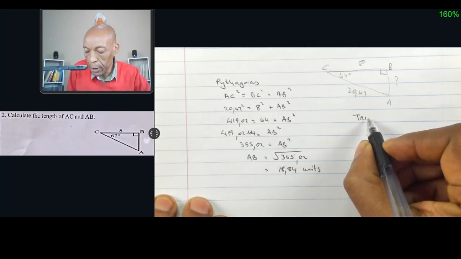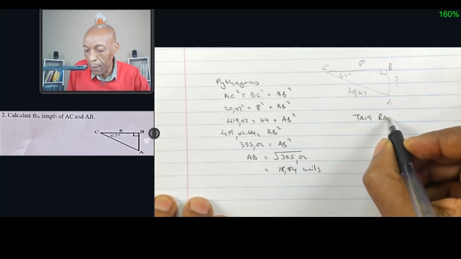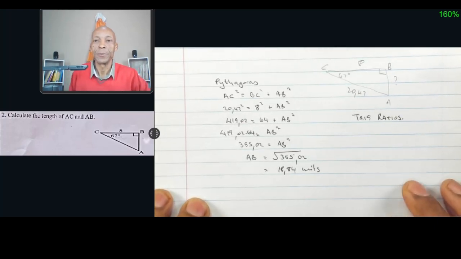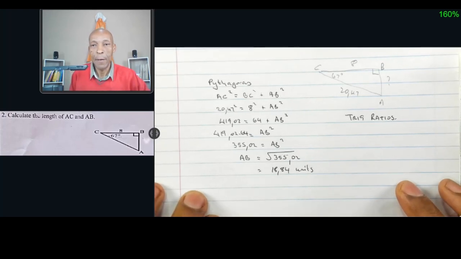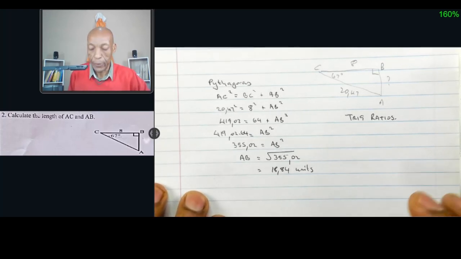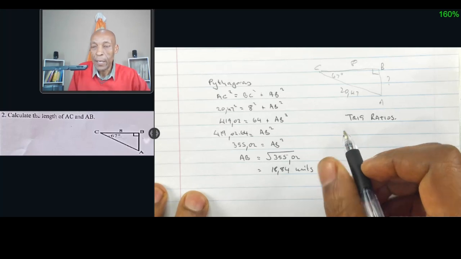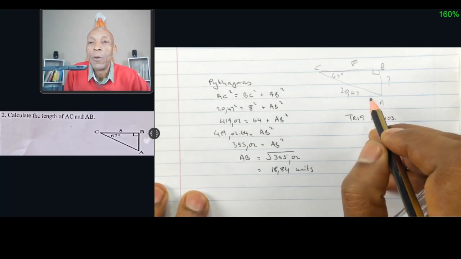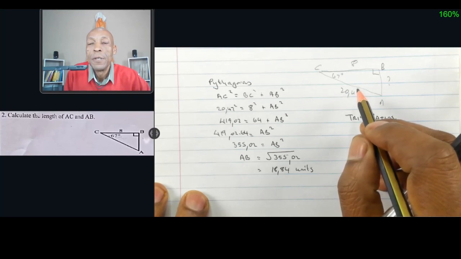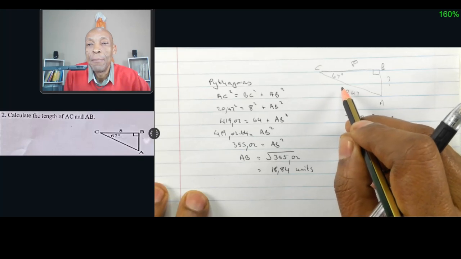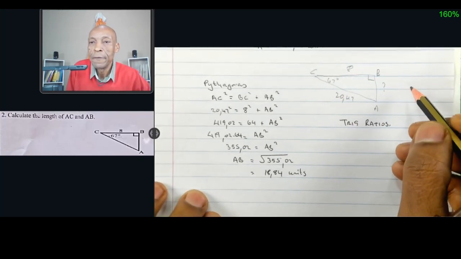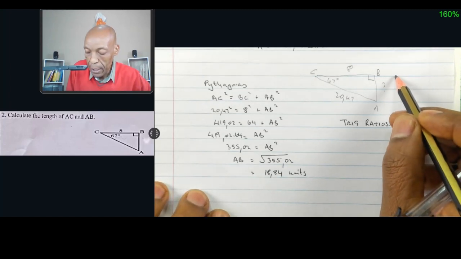We use trig ratios. You see, now I am abbreviating that name, trigonometric ratios. Right. So let's see now. Here we have AB. If we did not have this number there, what would we have? Let me redraw it again.